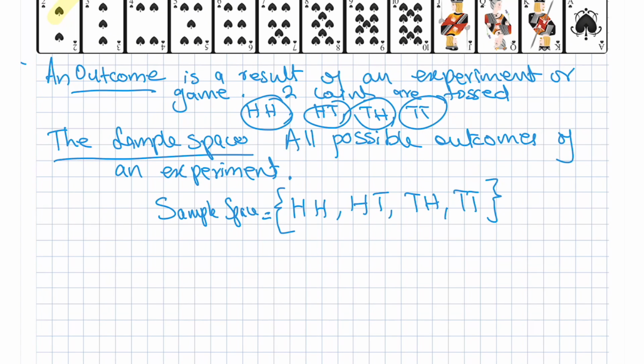The third term that I would like to explain is an event. What is an event? An event is a group of 1 or more outcomes.